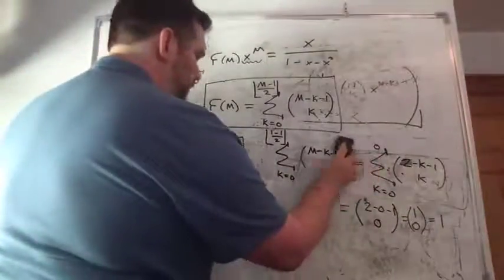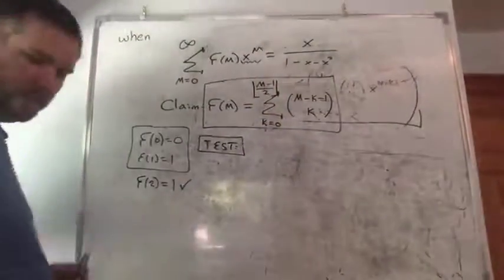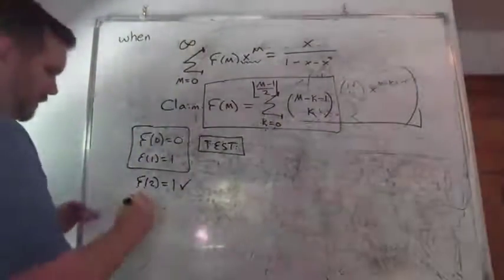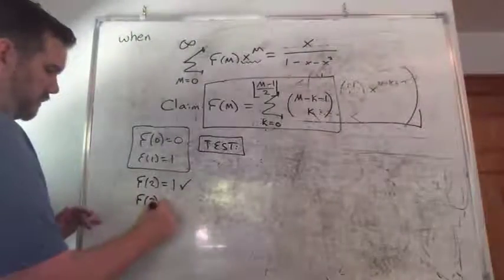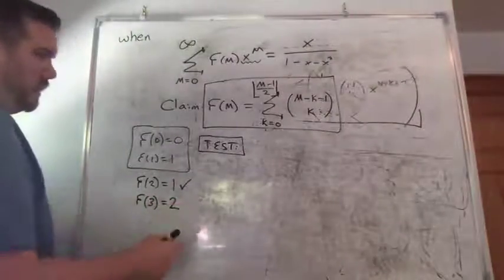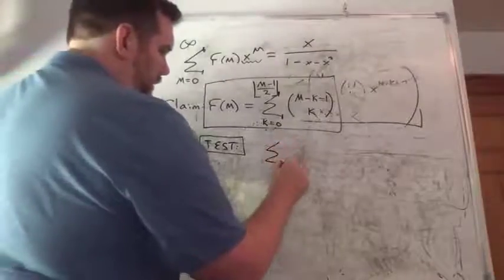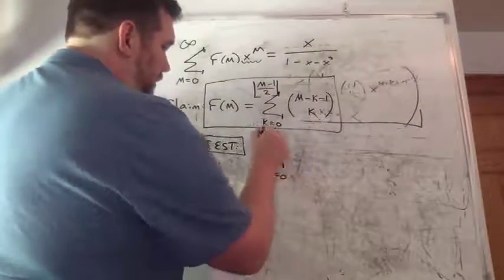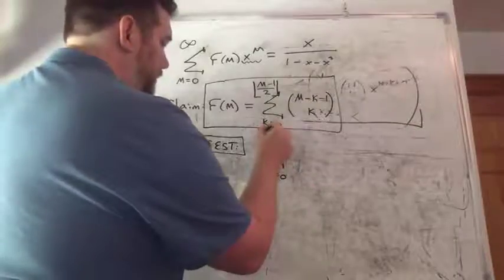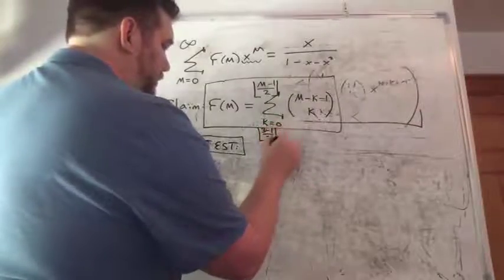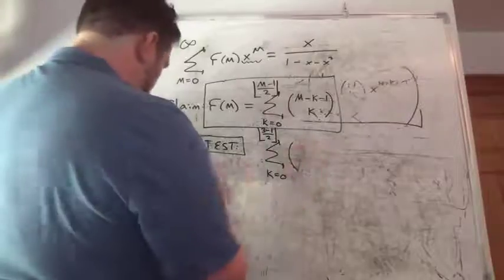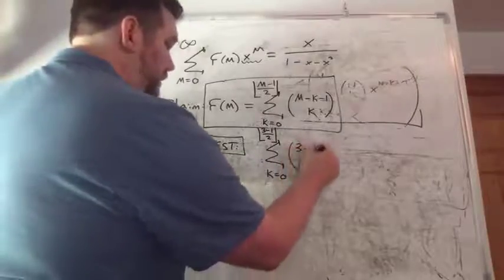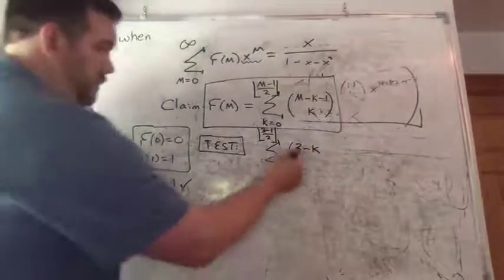Let's test another one. I know that the next Fibonacci number, f of 3, should be equal to 2. So I'm going to say, what is the sum from k equals 0 to the floor of (3 minus 1) over 2 of 3 minus k minus 1, choose k, because in this case m is equal to 3.